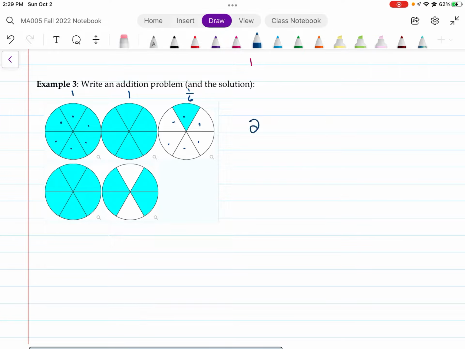So we have 2 1/6 plus 1 and 4/6. So how many wholes do we get? We get 3 wholes. And how many sixths do we get? Well, we have 1, 2, 3, 4, 5, so 5/6. 3 and 5/6.